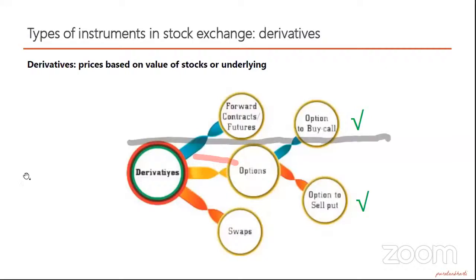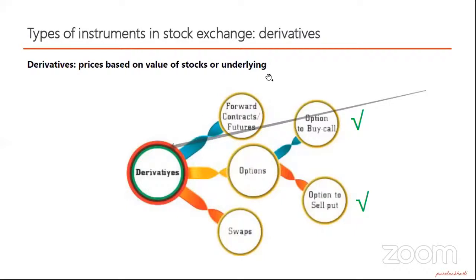Someone owns product one, someone owns product two, you put it together and it becomes a third product. Similarly, the financial market is very, very innovative. We have derivatives as a product, wherein the prices of the derivatives are arrived from stock prices or the underlying.